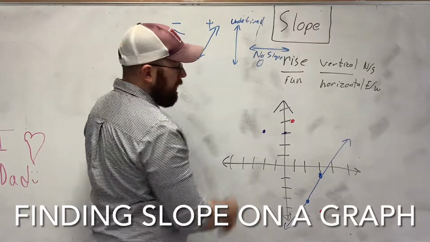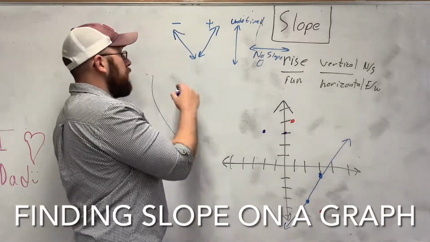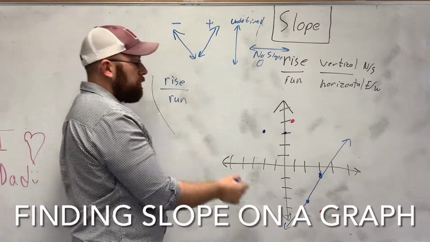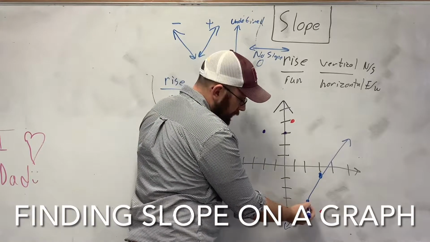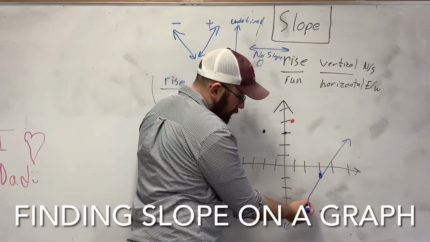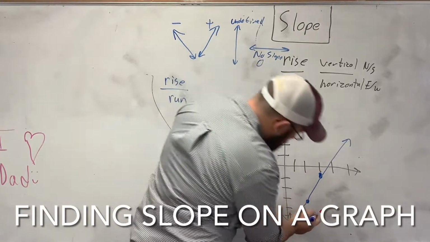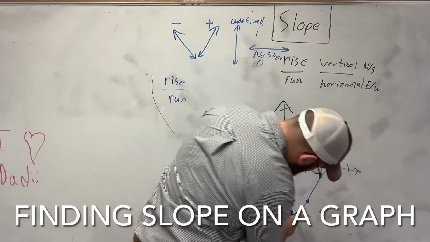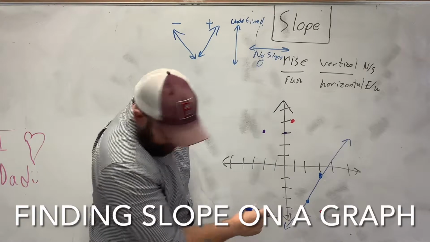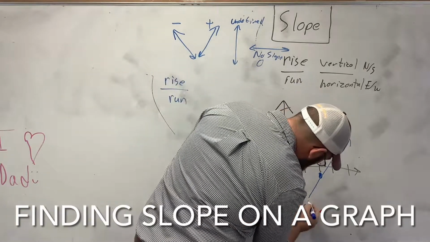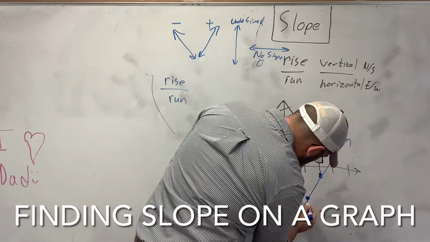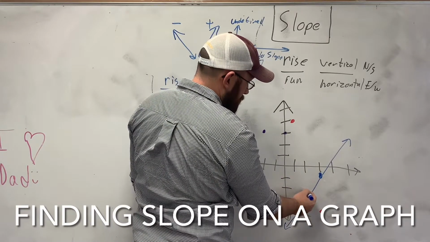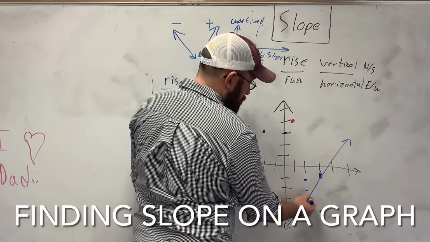So for this blue line right here, we are going to do the rise over run. It doesn't matter which direction we go, but I'm gonna start from here. I'm gonna count up. I need to move that point a little bit, right there, so it's on the 3. So I count up 1, 2.